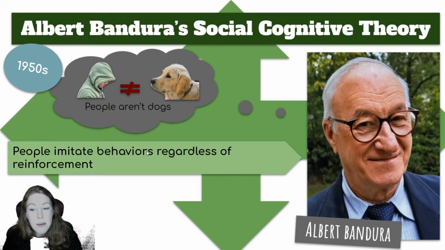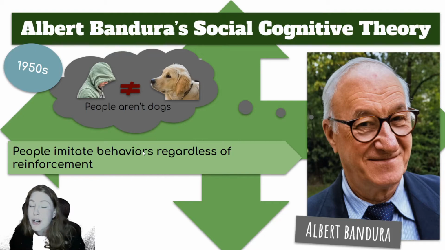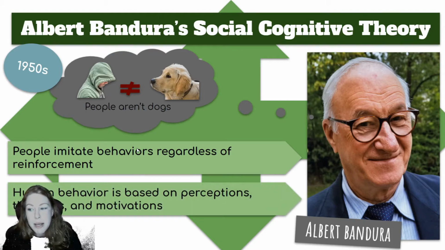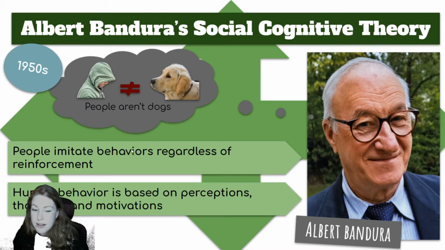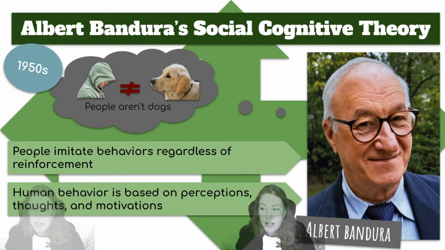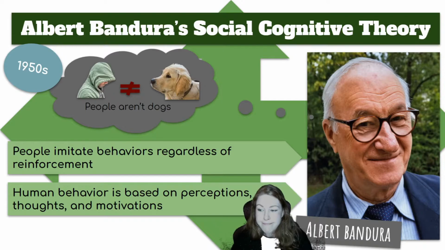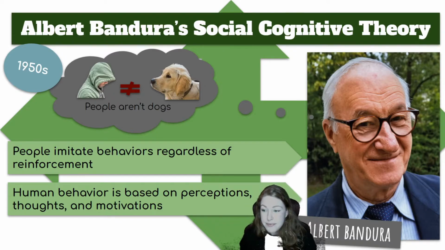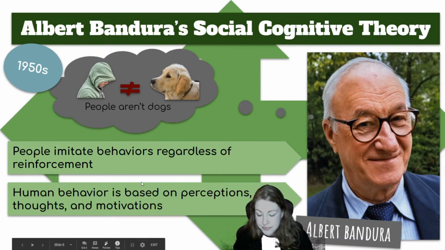He said that people often imitate behaviors regardless of the reinforcement they receive, and human behavior is based on perceptions, thoughts, and motivations. And I know I'm right in the middle here, so I'm just gonna go ahead and move myself over. Yeah, that's Albert Bandura.